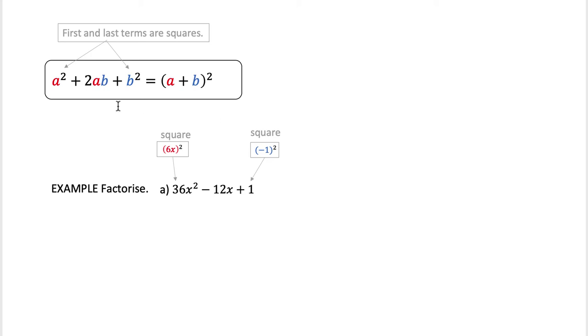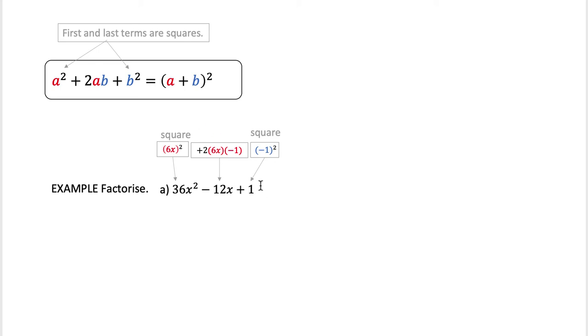Then the term in the middle, this one, should be 2 times that. So this negative 12x, is it 2 times 6x times minus 1? Well, it is because 2 times 6 is 12 times negative 1 is negative 12 and then times the x.